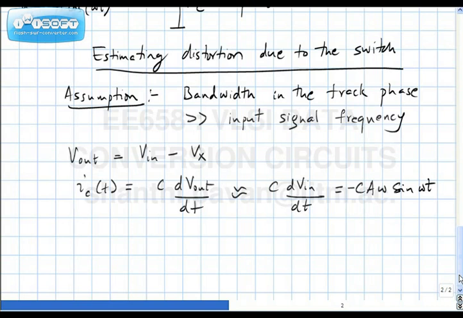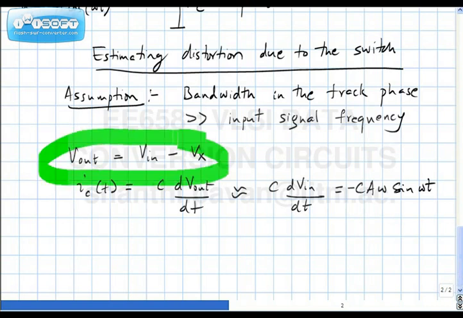However, now the resistor has nonlinearity in the sense that it depends on the input. So when this sinusoidal current goes through a nonlinear element, it will produce sinusoids at frequencies other than the fundamental. And since the output voltage is simply the input voltage, which has only one frequency component, plus Vx, which has frequency components at multiples of the fundamental component, the distortion in the output is simply gotten by looking at Vx.